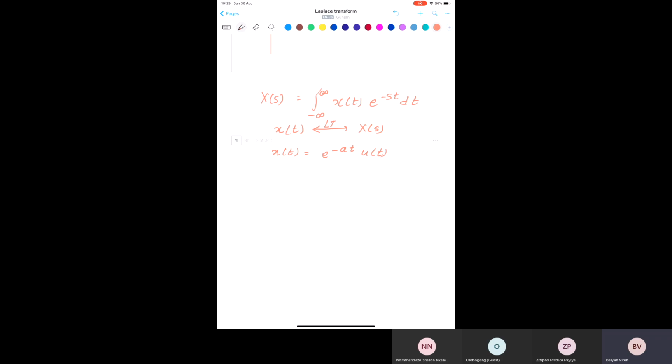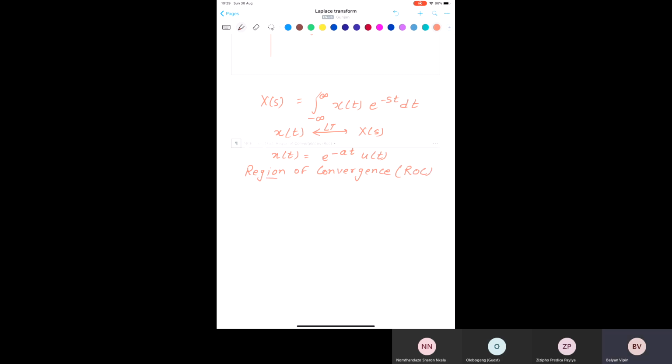The Laplace transform requires us to find the region of convergence, which in short form is written as ROC.